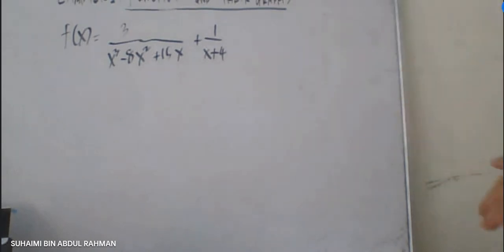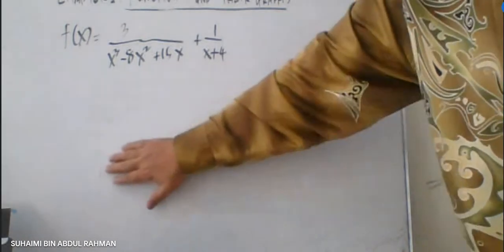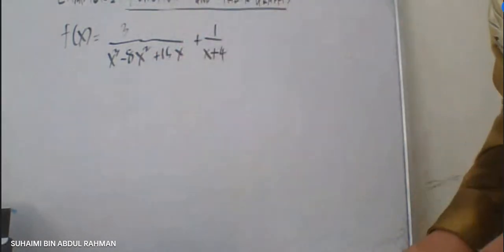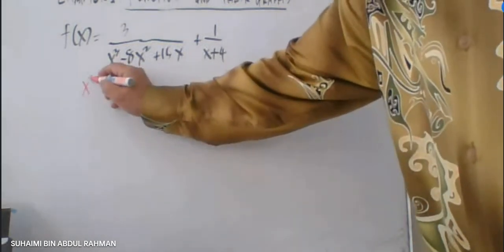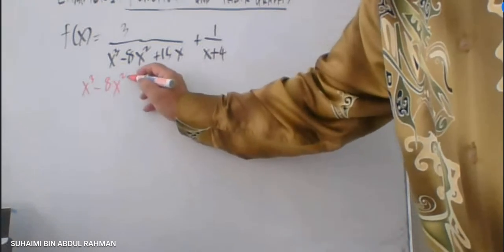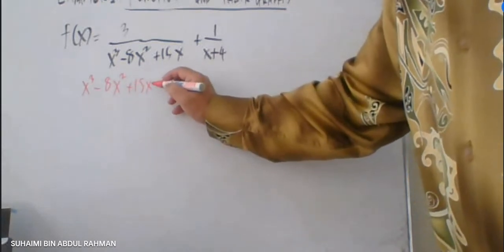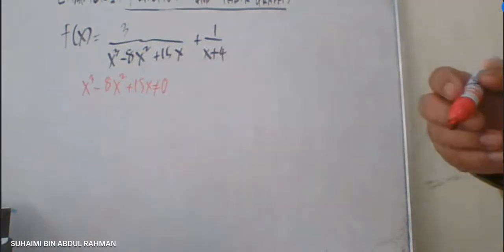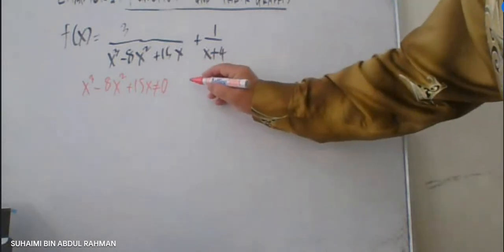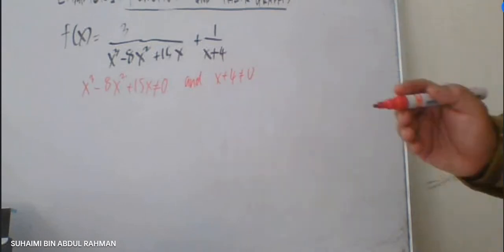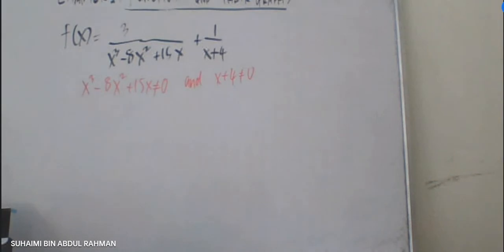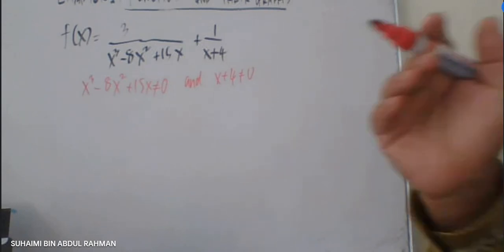So it consists of two parts. We have two fractions. Then x cubed minus 8x squared plus 15x not equal to 0, and also x plus 4 not equal to 0. So how to get this from here?